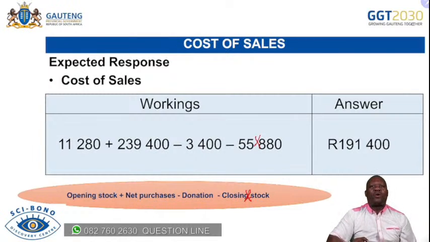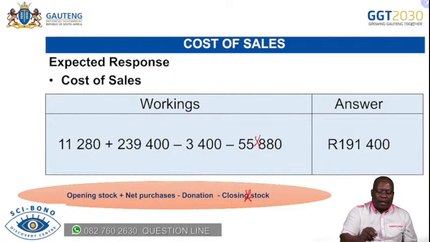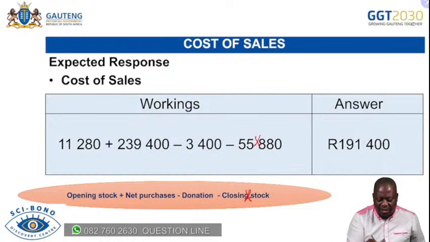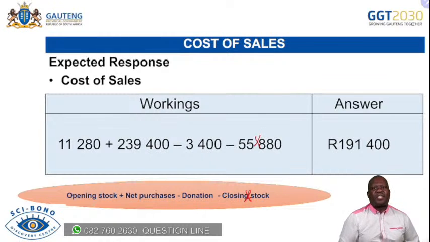So what is it that we do to find our cost of sales? It is opening stock, add net purchases. Check this word, net purchases. Why net purchases?